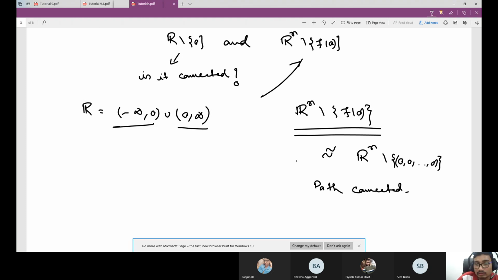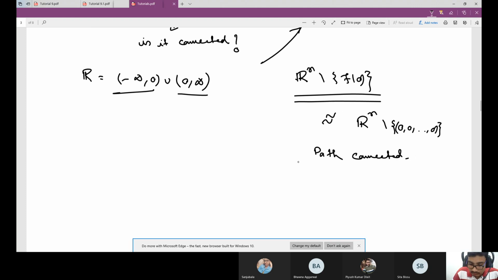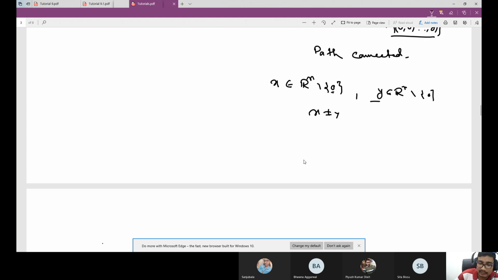If you remove a point, say you take an element x from R^n minus 0, where 0 means the zero element, and y belongs to R^n minus 0, with x not equal to y. Now you take the line segment joining x and y.